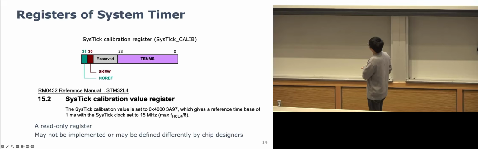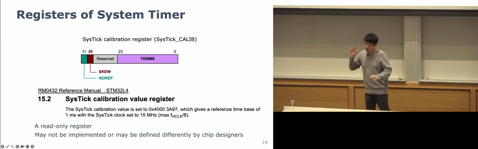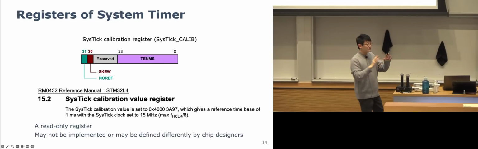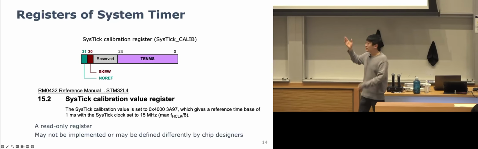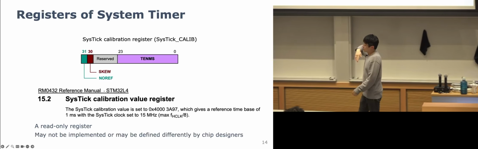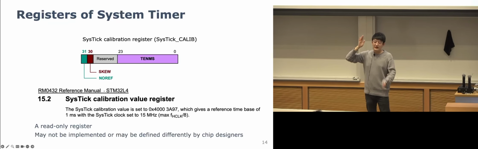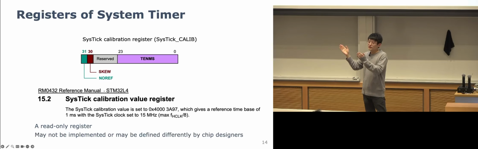And the no reference flag basically means whether this value has any real world time reference. It's possible that it connects to a different clock source if you set it to be, and that clock doesn't have a real world correspondence, maybe after a bunch of implementations or some calculation.